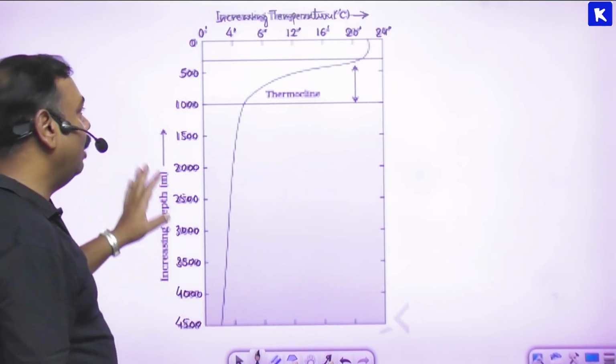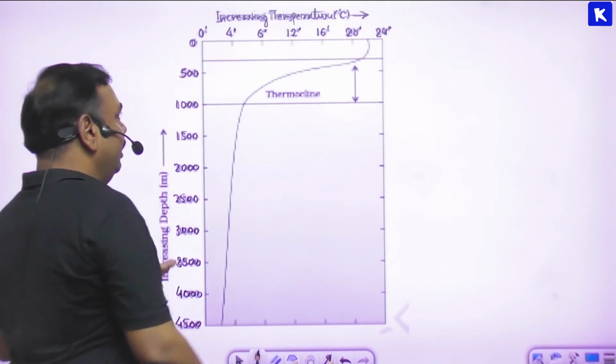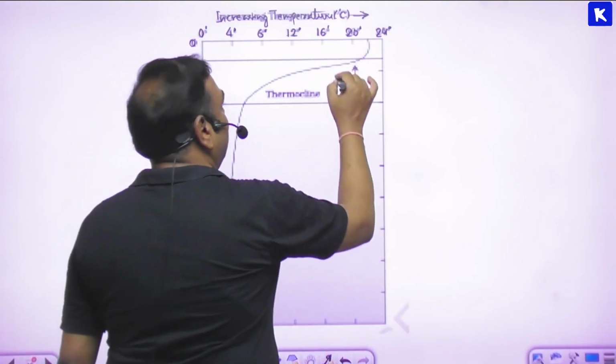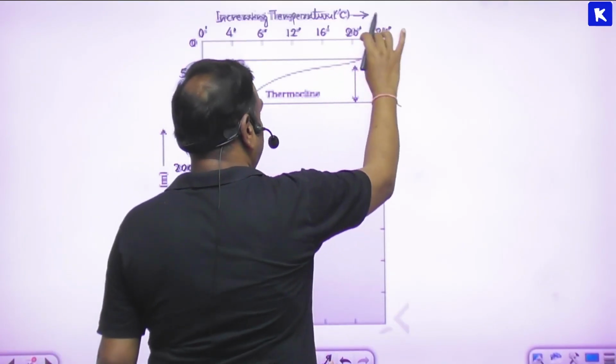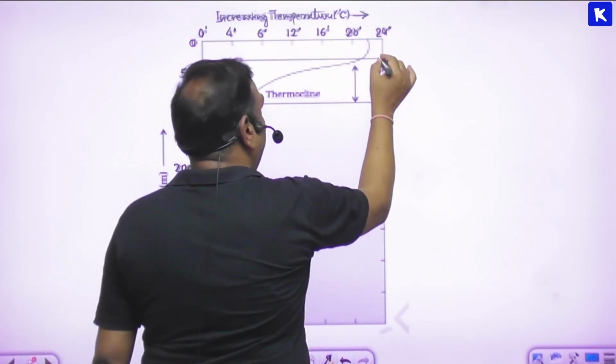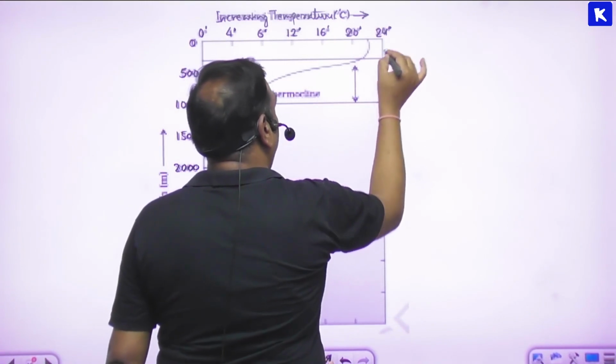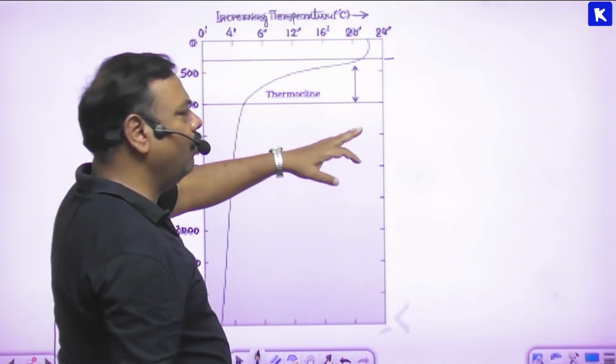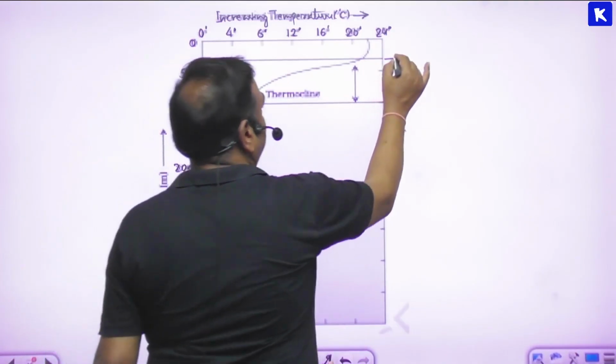Now see here, when we draw this diagram, in the first section, a line or limitation is defined at around 300 meters.